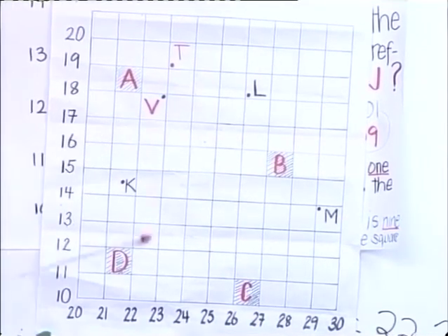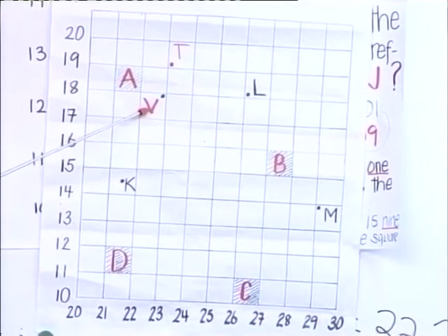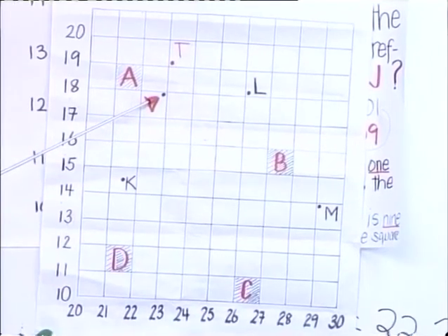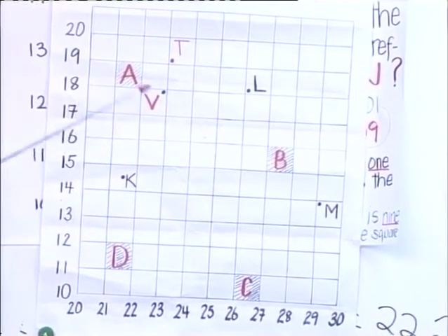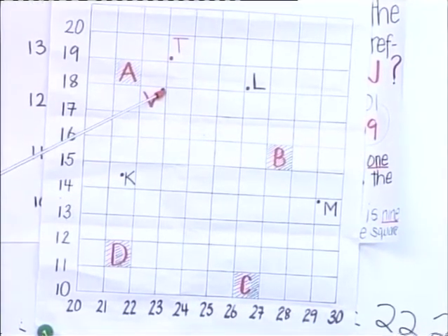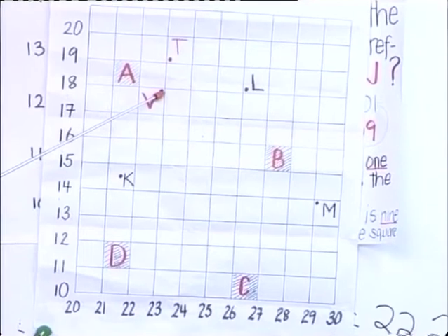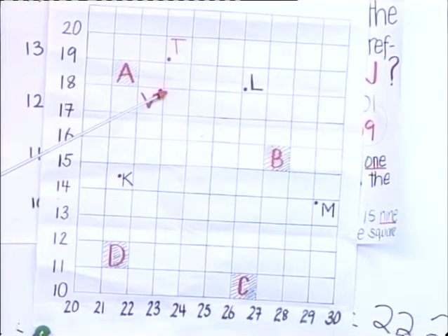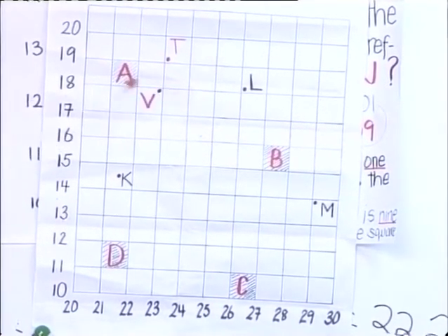Now, noting, we have 17. How many tenths? 17, 9 tenths. So 22 9, 17 9.